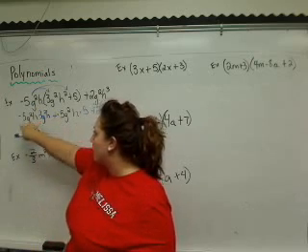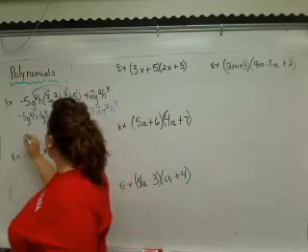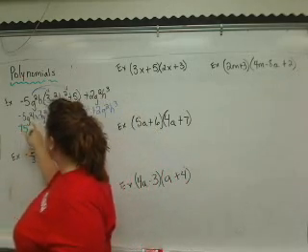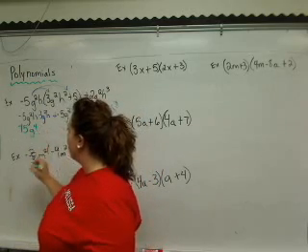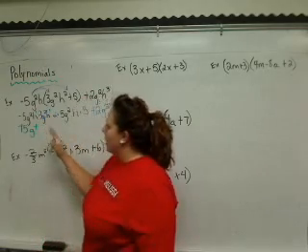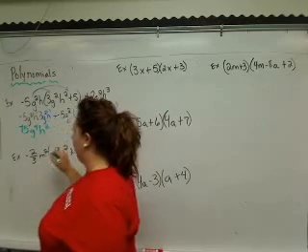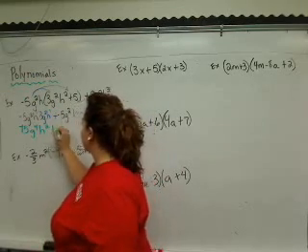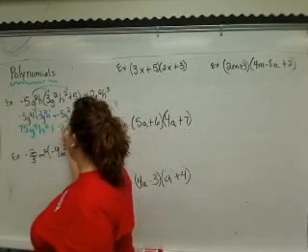So negative 5 and a positive 3 gives me negative 15, okay? G squared and g squared gives me g to the fourth, because I add the exponents. And if I want to put my h to the first power on both of those, h to the first and h to the first give me h squared. Alright? Plus, negative 5 times 5 gives me a negative 25.